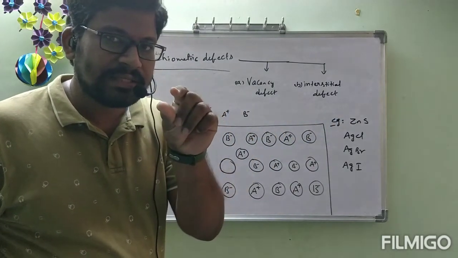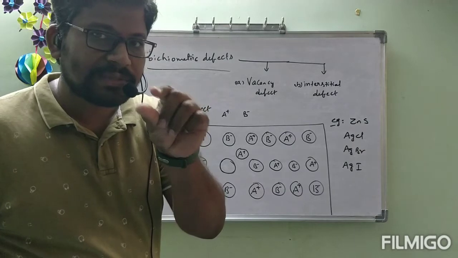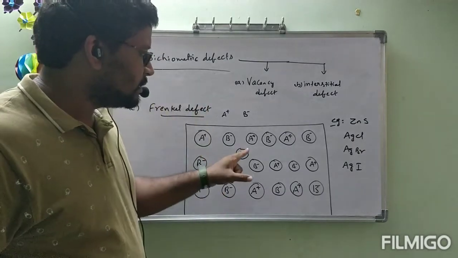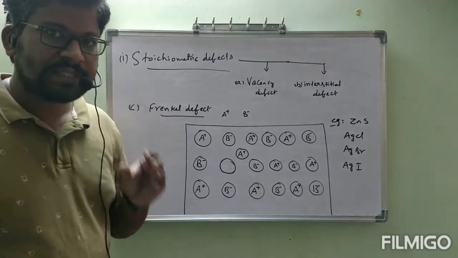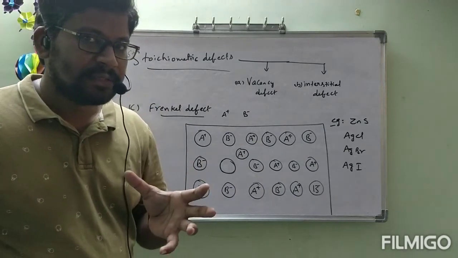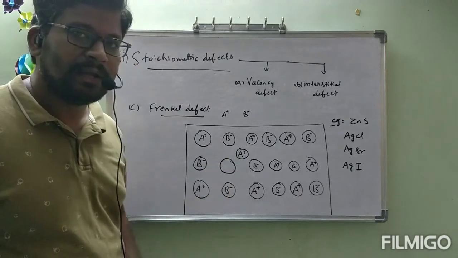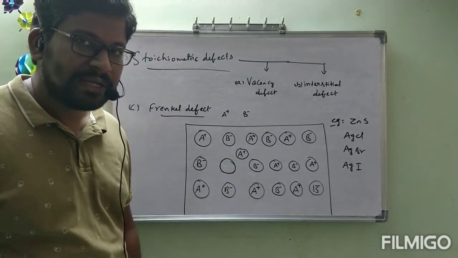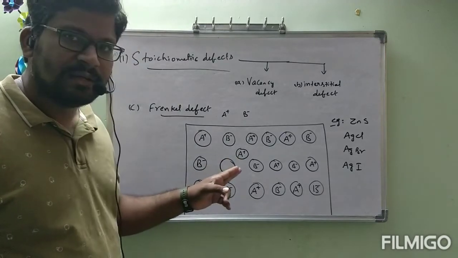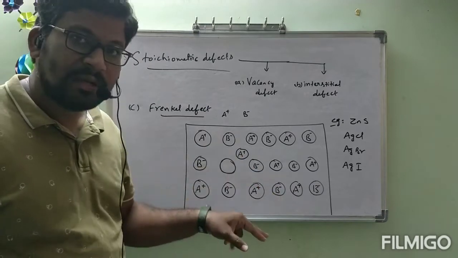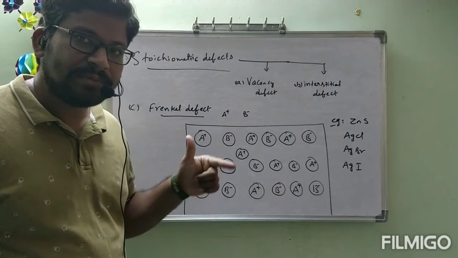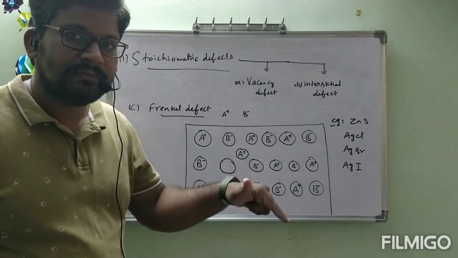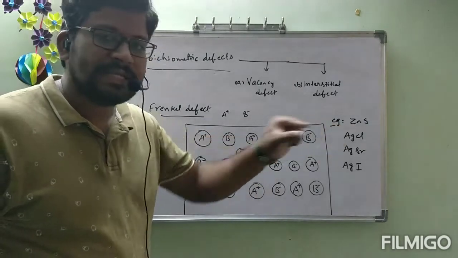Sir, why are you telling us this? These small cations only can occupy the gaps easily. If the size of the cation is bigger, it cannot occupy this gap. Correct or not? That's why this type of defect is generally observed in ionic compounds in which cation size is smaller.